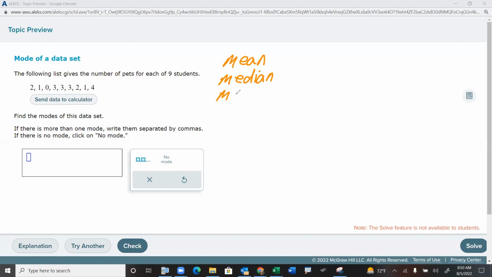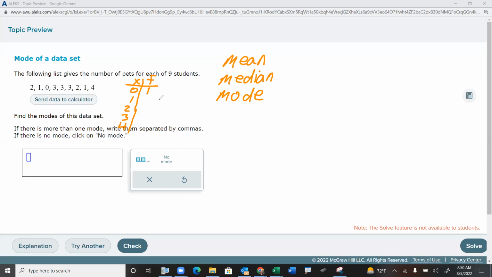Well, a third way of getting an idea of the middle of your data would be mode. Mode is just the number that occurs the most often. So if I do a quick frequency distribution here, I can say, all right, well, we got zeros, ones, twos, threes, and fours.